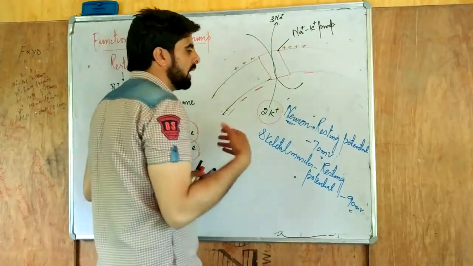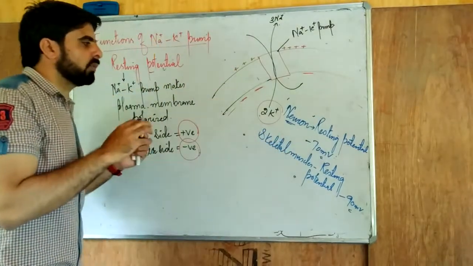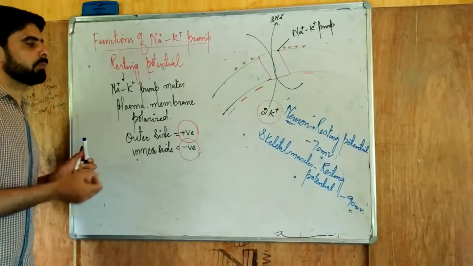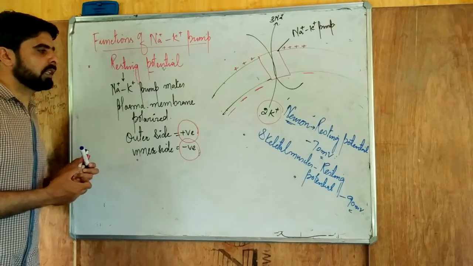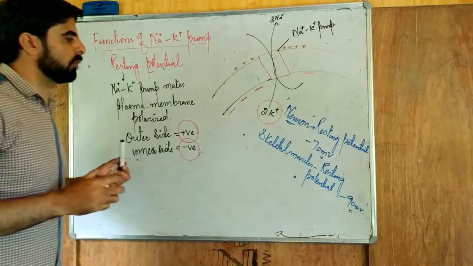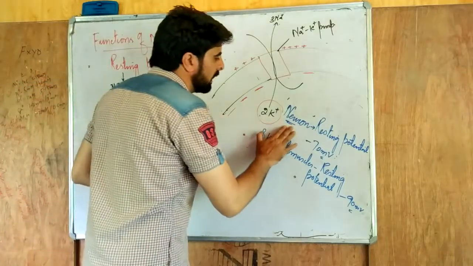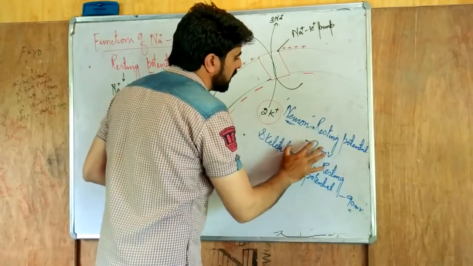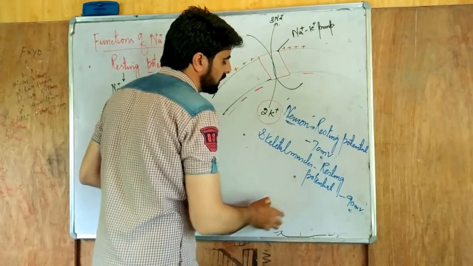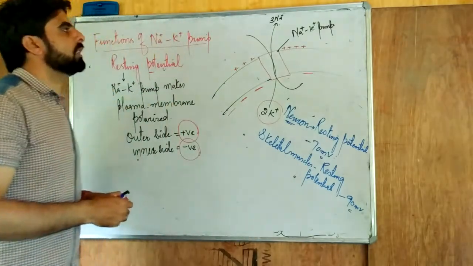If anybody asks you what the resting potential is, keep in mind that action potential, resting potential, hyperpolarization, depolarization, and threshold potential are all things we study in detail in action potential. But remember the neuron has a resting potential of minus 70 millivolt, and skeletal muscle about minus 90 millivolt.